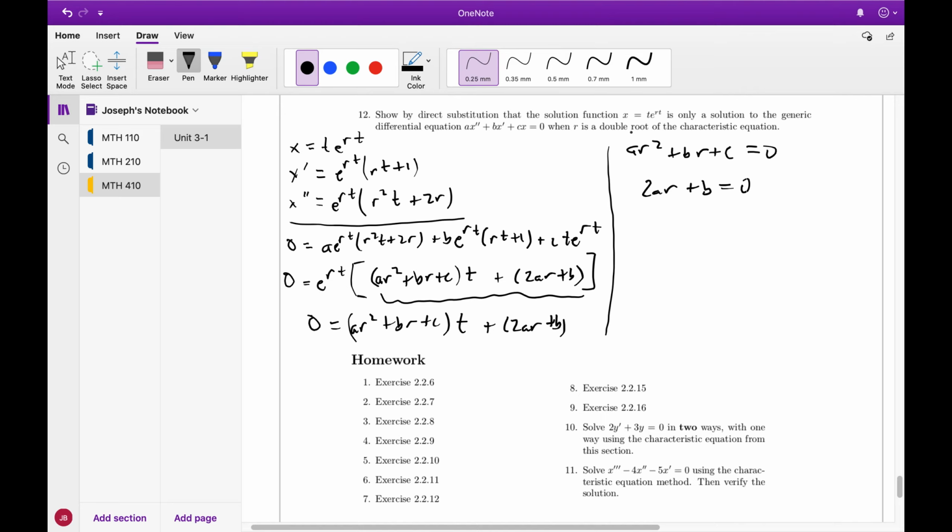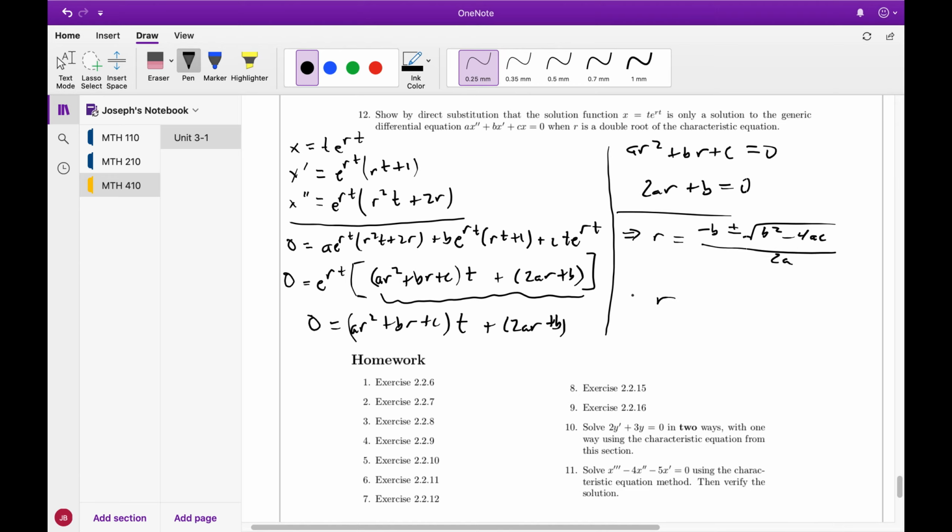This right here tells us that r solves the characteristic polynomial, right? Look at ar squared plus br plus c. So that means that r has to equal minus b plus or minus the square root of b squared minus 4ac, all over 2a.